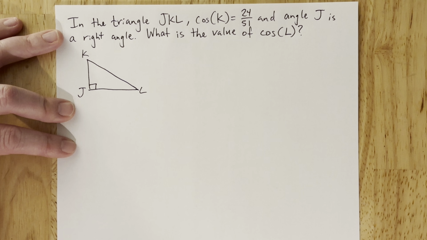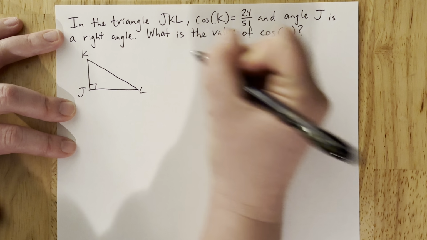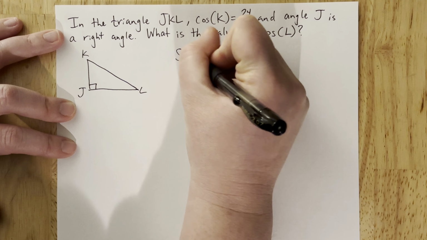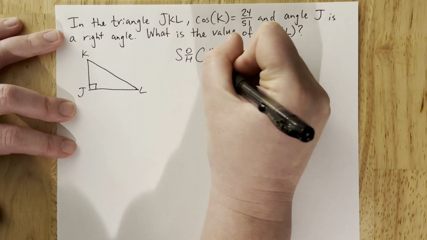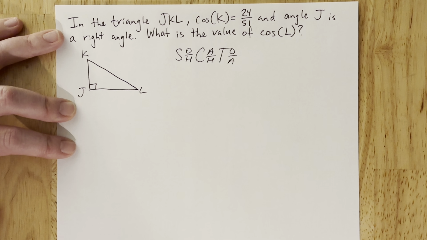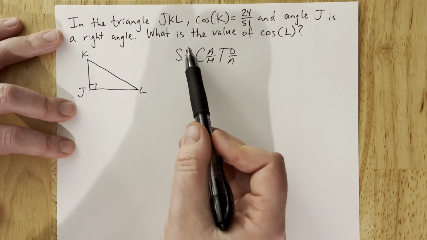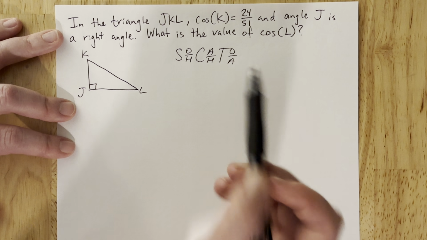So the first thing I'm going to think about is SOHCAHTOA, which is a mnemonic that helps us remember sine, cosine, tangent, and its values, so I write that out. Sine is opposite over hypotenuse, cosine is adjacent over hypotenuse, tangent is opposite over adjacent.